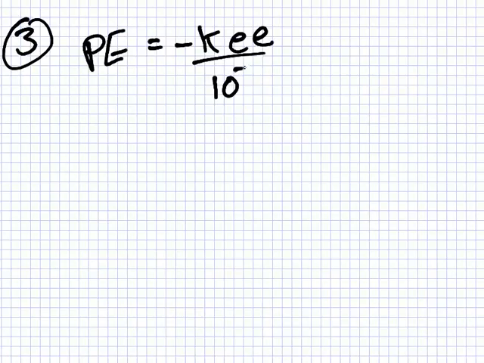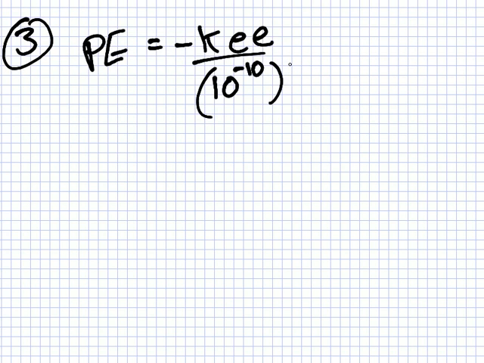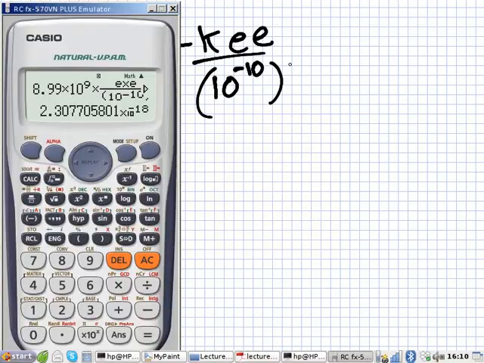Yeah, so it's just actually this in electron volts. Oh no, it is not. Thank you. Okay, so I'll just get rid of the square here. Get rid of the 2. Did you get this?